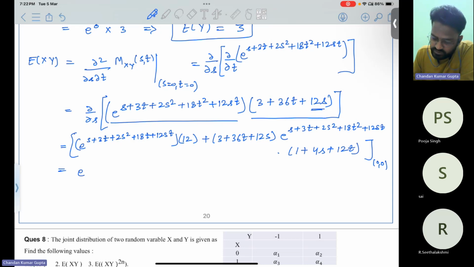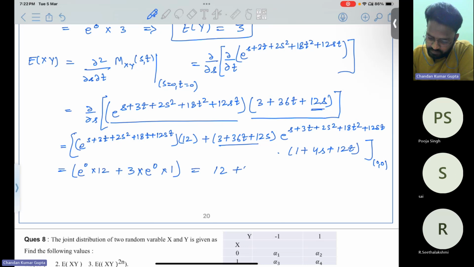It's e to the power 0 into 12 plus here 3 into e to the power 0 into 1. So it is 12 plus 3, which is equal to 15.